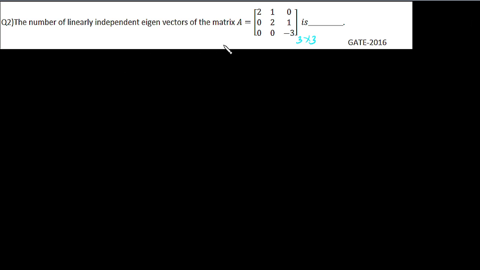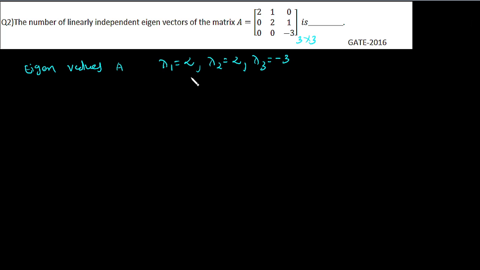So the eigenvalues of this matrix A are simply the diagonal elements: lambda 1 equals 2, lambda 2 equals 2, and lambda 3 equals minus 3.